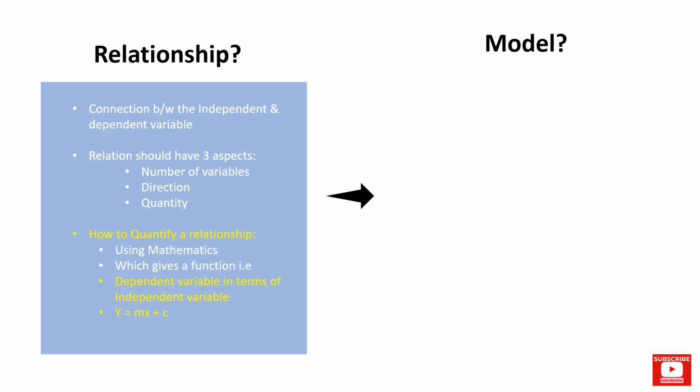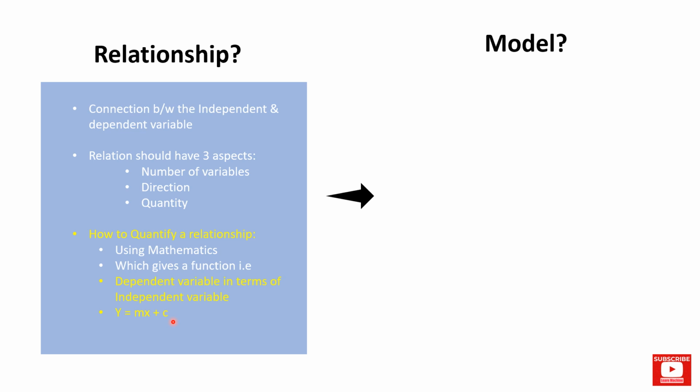How to quantify a relationship? We just saw. We can do it by mathematics, which gives us a function which tells how the dependent variable depends on the independent variable, like y equals mx plus c. Y will be dependent and x will be independent, and these m and c are coefficients which we found during the training of our model.